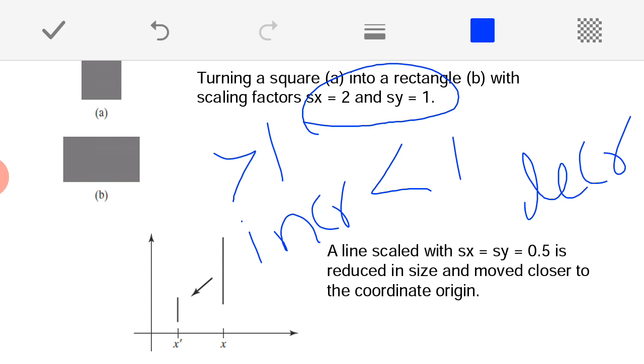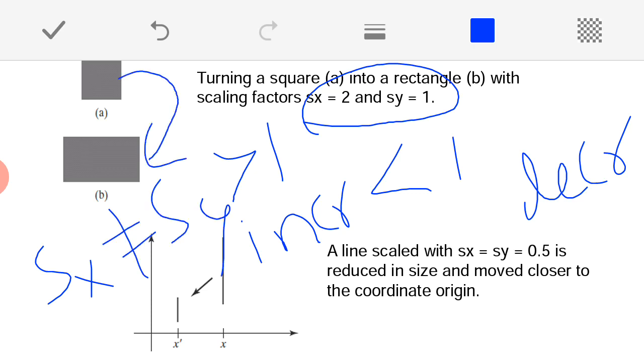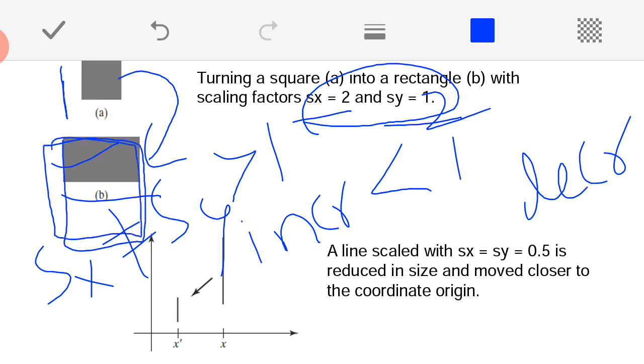If Sx is not equal to Sy, then there will be a change in the shape. Look here, Sx is 2 and Sy is 1. So, I am stretching along the x direction, but not along the y direction. So, my square has become a rectangle here. If Sx is also 2 and Sy is also 2, then it would have become a big square, doubled.